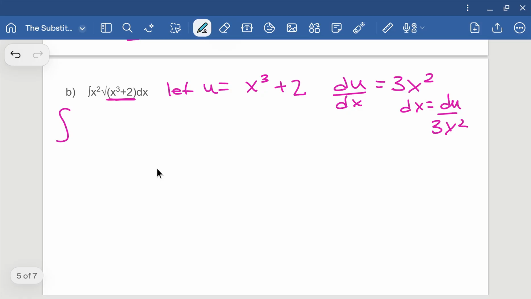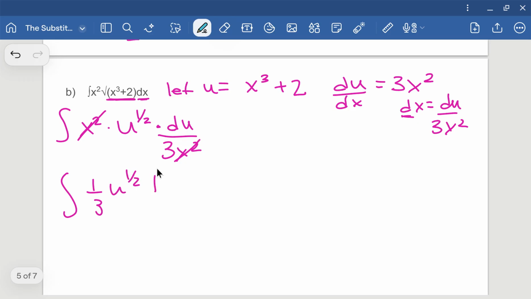So let's go ahead and replace in. We still have x squared in the front. Then we'll have times u to the power of 1/2 times, we're replacing dx with du over 3x squared. We see our x squareds canceling nicely. We can rewrite this as 1 over 3 u to the power of 1/2 du.